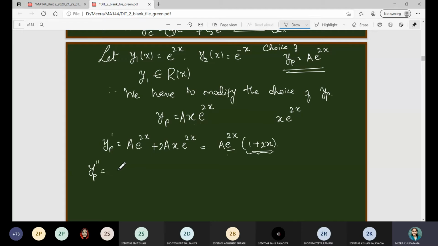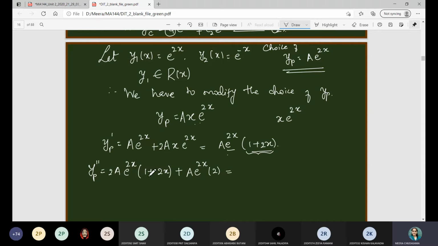So here now a as it is, we will first consider the derivative of e raised to 2x. So it is 2 into e raised to 2x. Another function we will keep as it is, plus now we will consider the derivative of this one, that means a into e raised to 2x as it is, into derivative of 1 plus 2x, which is nothing but 2, right? So then again you can simplify this one.